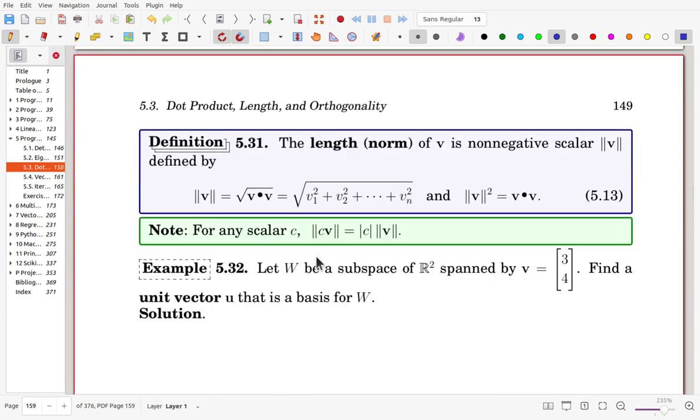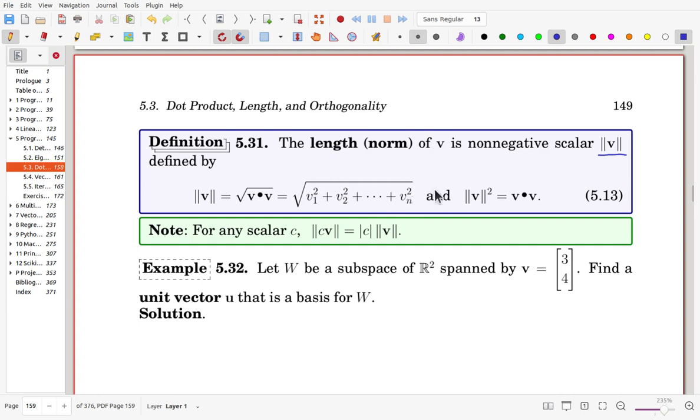Now we define the length or norm, sometimes called the Euclidean norm. The length of v is a non-negative scalar value, using the notation defined here. The norm of v is the square root of v dot v. That is, the square root of v1 squared plus v2 squared, and the last one will be vn squared.